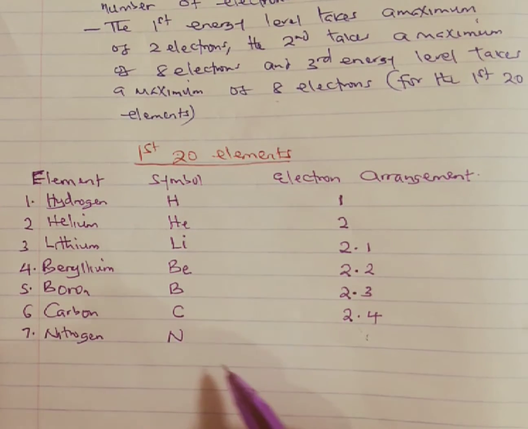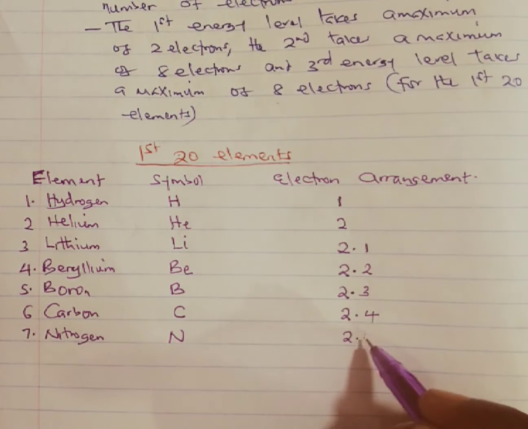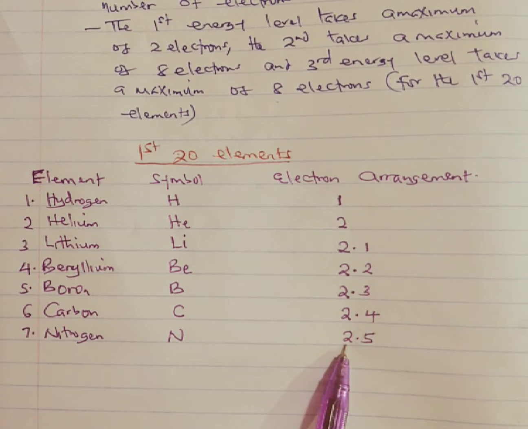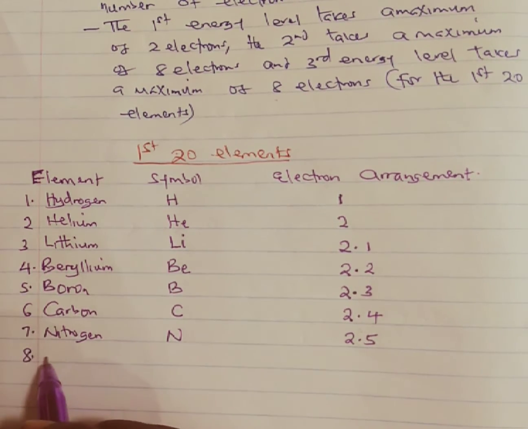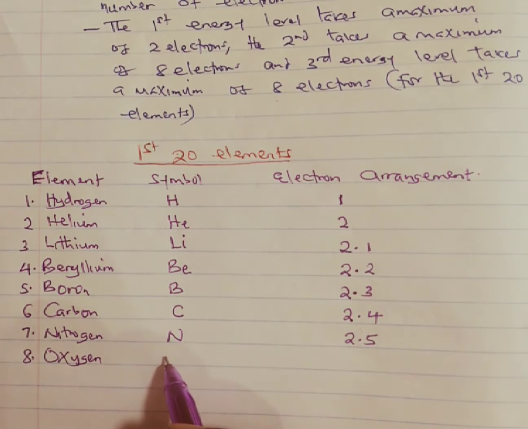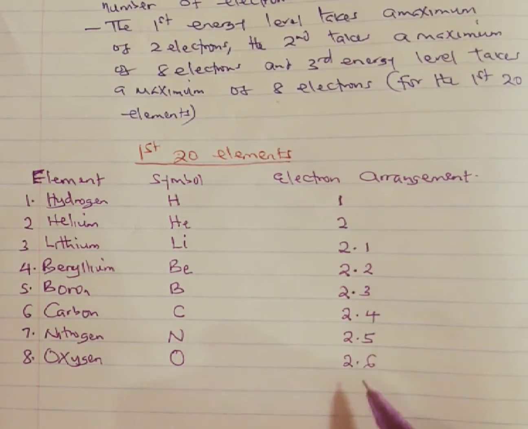Nitrogen is represented by N, and therefore the electron arrangement will be 2, 5, meaning the first energy level takes a maximum of 2. The remaining goes to the next energy level. Number 8 is oxygen. The chemical symbol of oxygen is O. The electron arrangement will be 2, 6.